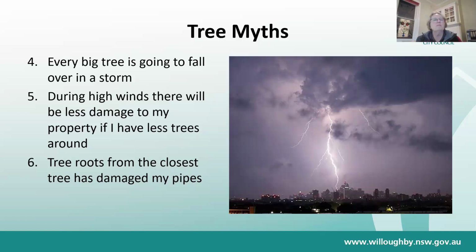Now, when the pipe does crack, it's usually not a direct result from tree or trees. Trees haven't come across and gone, right, there's a pipe, let's go into it. But when there's a crack or a breach in that pipe, the pipe leaks.